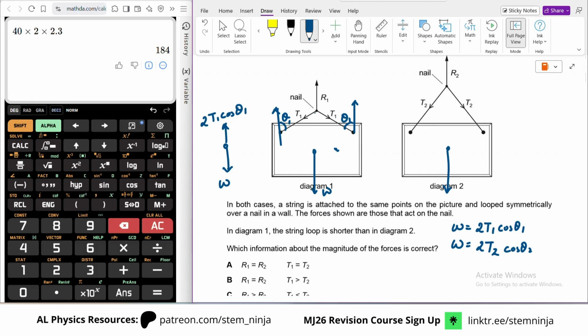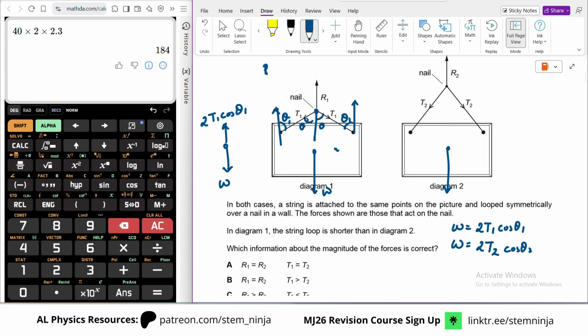Because from the perspective of the nail, tension is moving downwards. So the same angle that you see over here can be represented this way also. So it would be the same T1 cos theta.